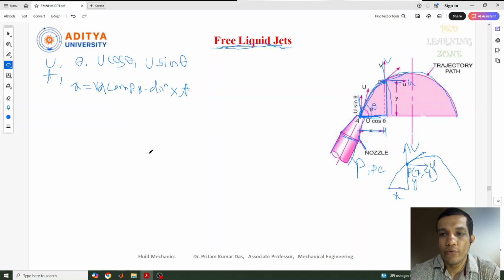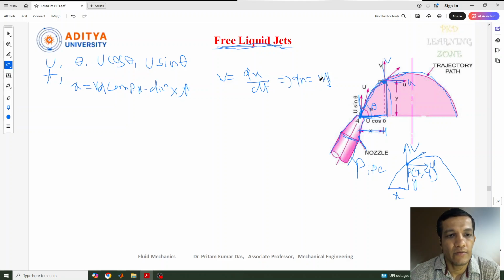We know that velocity equals distance traveled over time taken. What is the distance traveled by the liquid and what is the time taken for that? Similarly, from here I can write dx equal to velocity into time dt. So the same thing I have written here: x equals the distance traveled, which equals the velocity of the fluid times the time taken.